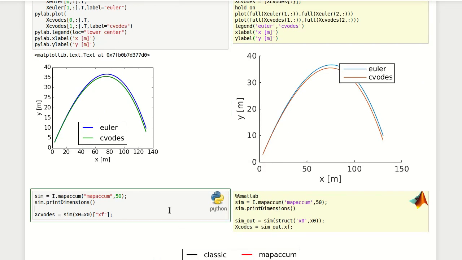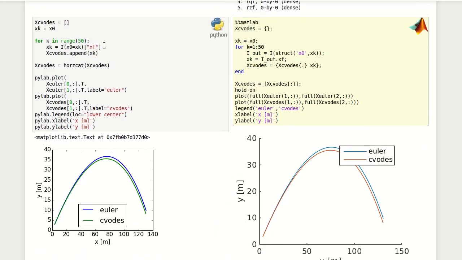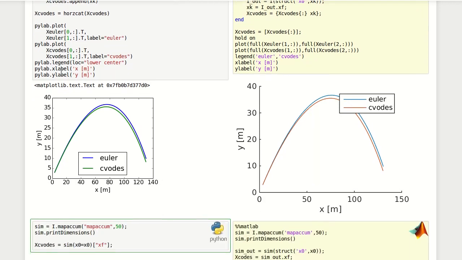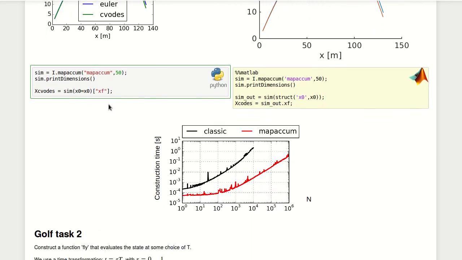Now, in most cases, the for loop we have here with 50 is quite okay in terms of speed, but sometimes your horizon gets a lot longer. For example, in system identification, it can happen that the number of time intervals is 1,000 or 10,000, 100,000, or even more. And then you might experience that CasADi becomes a bit slow.